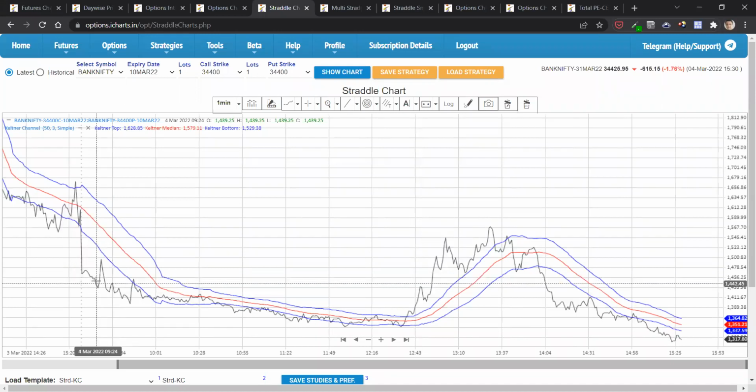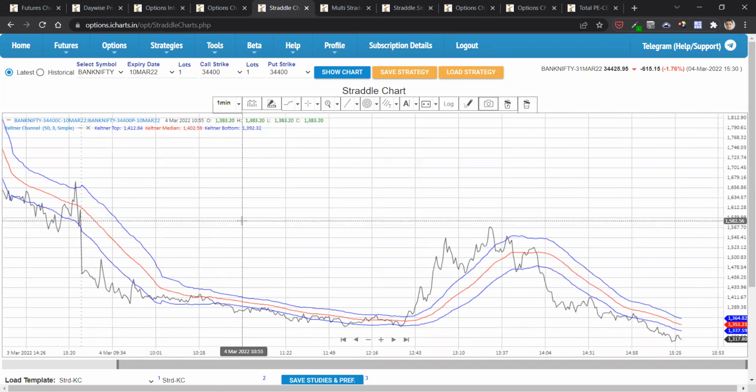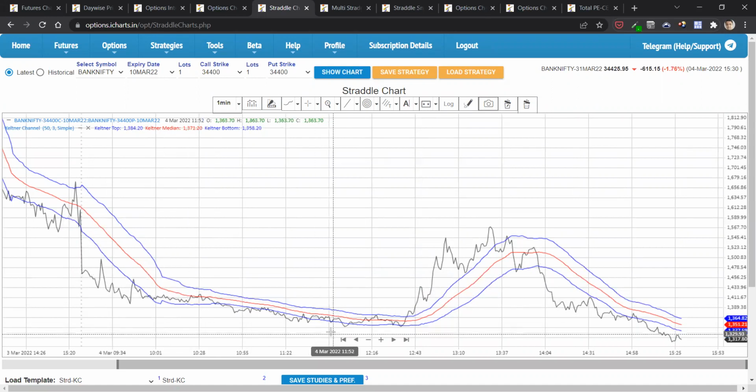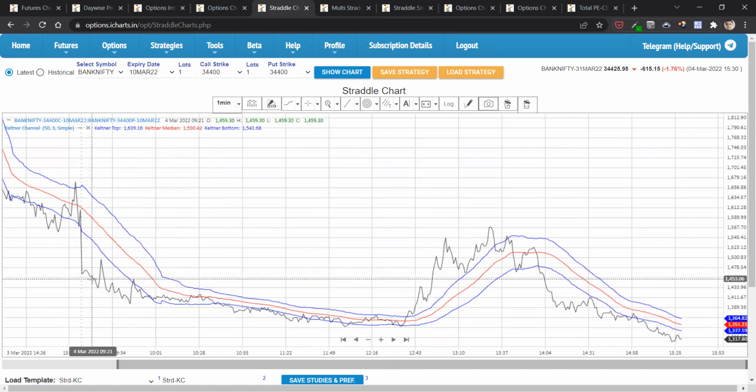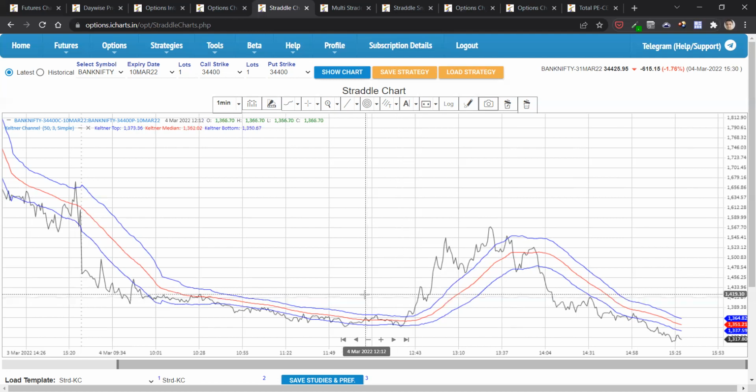You can individually look at call prices, and if the call price goes up about 20% of the price at which you had shorted, you might exit the call. And if the market goes down and the put goes up 20, 25, 30% of the price, then you can probably exit.